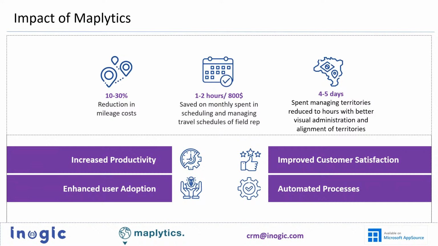Scheduling field trips used to be a tedious process, but with Maplytics, people are able to save 1 to 2 hours daily, and that amounts to about $800 each month. Moreover, while managers used to spend 4 to 5 hours on managing territories, Maplytics has reduced it to just a few hours, along with better visualization, administration, and alignment of the territories. So basically, while you are planning routines and processes, Maplytics helps you to make the most out of it.